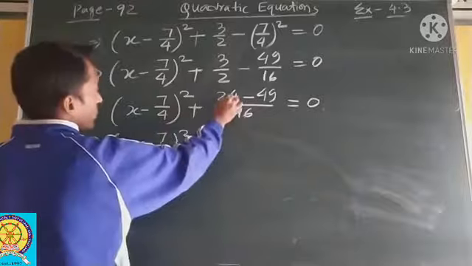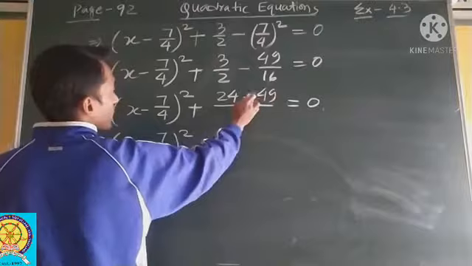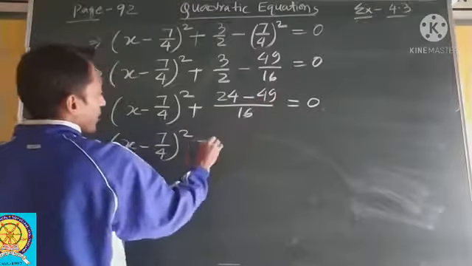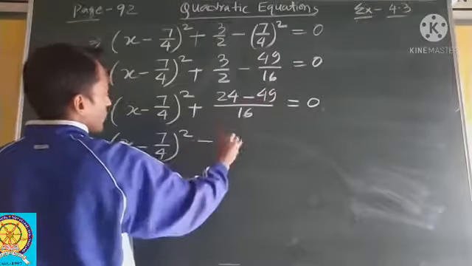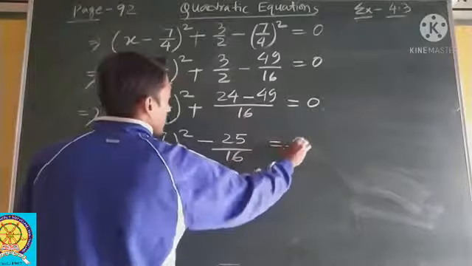Now you see, before 24 we had plus, before 49 we have how much? Minus. So before the greater term we have minus. So 49 minus 24 is 25 by 16.